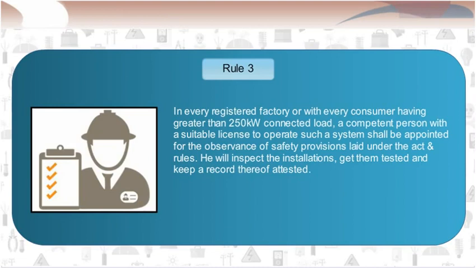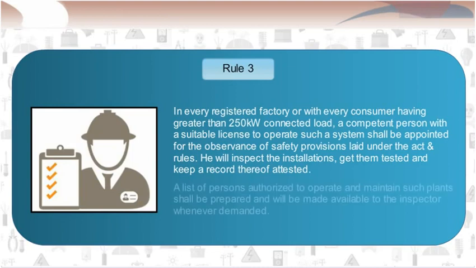He will inspect the installations, get them tested, and keep a record thereof attested. A list of persons authorized to operate and maintain such plants shall be prepared and will be made available to the inspector whenever demanded.